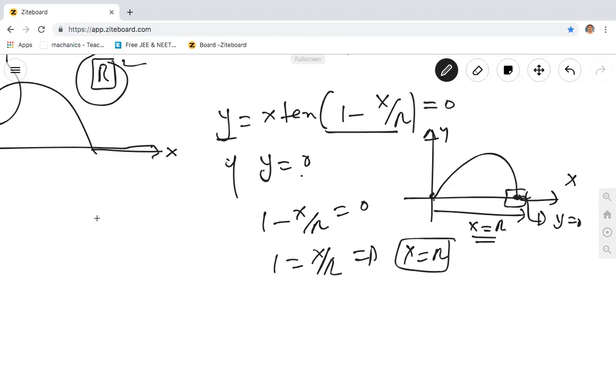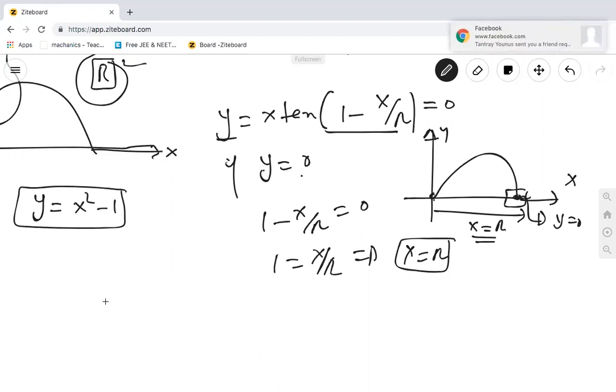There was a question asked at the IIT level that y is equal to x square minus 1. What is the range of the projectile?